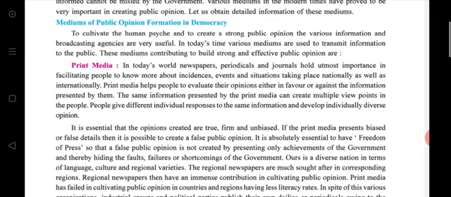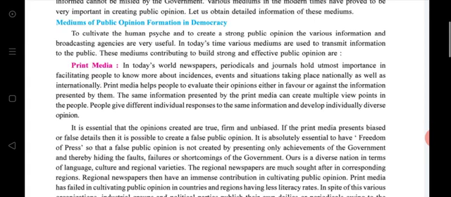Whereas if we talk about electronic media, mobile phones and televisions are all electronic media.